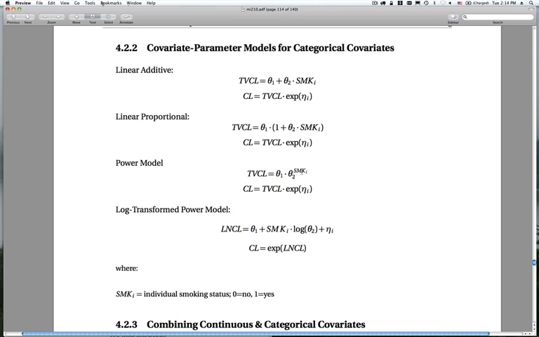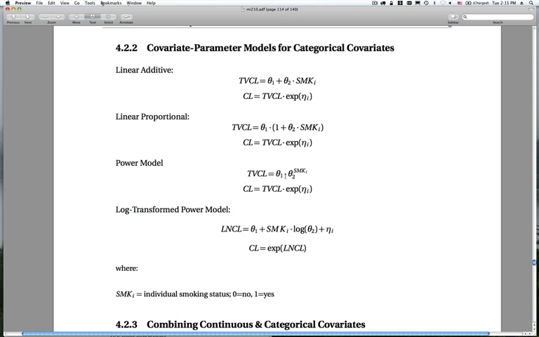If smoking takes on a value of 1, then theta 2 represents the ratio of the smoking effect relative to the non-smoking effect. So, for example, theta 2 of 0.75 would indicate that smokers have a clearance that is 75% of your typical non-smoker.